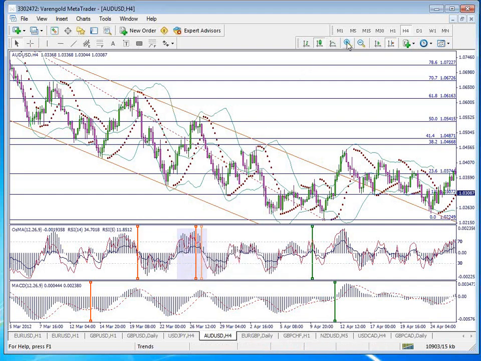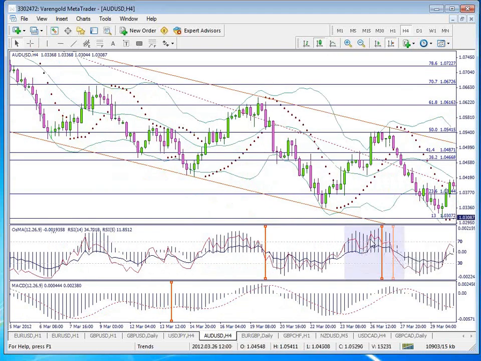But at this point, it was a moment when I could think that the pair will not go into the upside and will make a cross here. Just let's put one line like this.